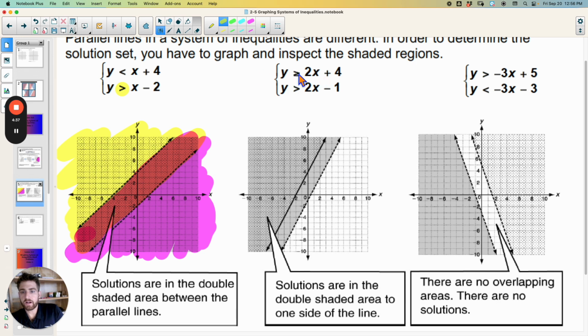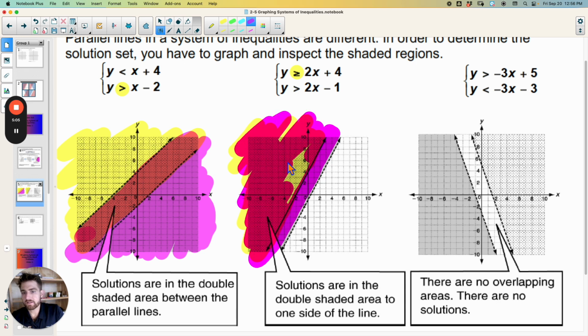All right, let's look at this one right here. For this inequality, I have y is greater than or equal to 2x. That's this line here, and I want to shade above. And then for my second line, let me change colors back to pink. I have y is greater than 2x minus 1, which is this line here, so I'm going to shade above here.